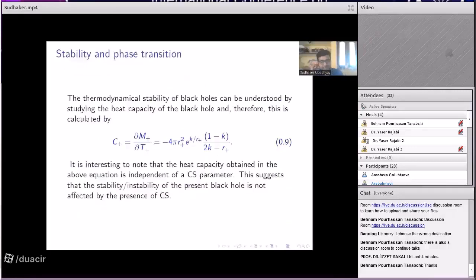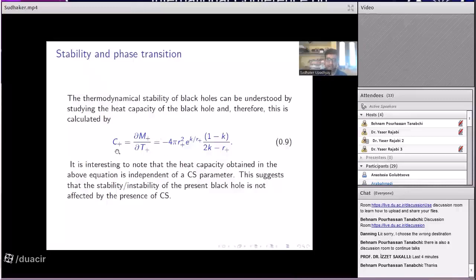The stability is described by the specific heat and its sign. If your specific heat has a positive sign, it signifies that the black hole is stable. However, a negative sign signifies that the black hole is unstable.